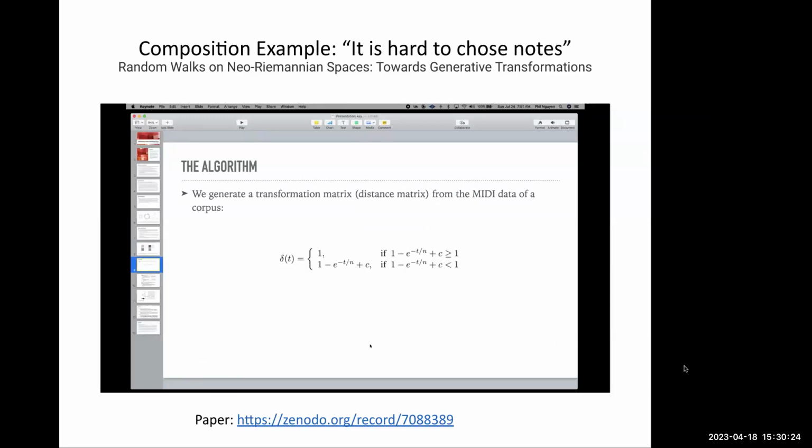The random walk algorithm is based on a decay function, called delta t here, which is always something between 0 and 1. When it's 1, nothing's happening, and it's a distance matrix basically. The smaller the number, the closer the chords.